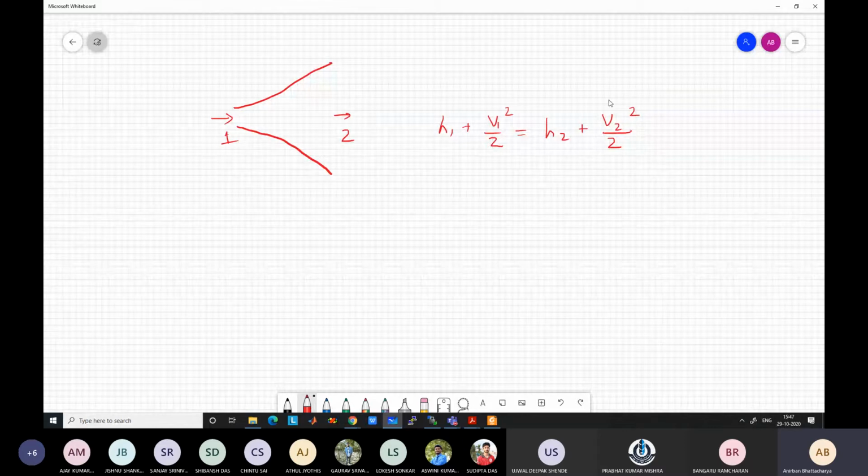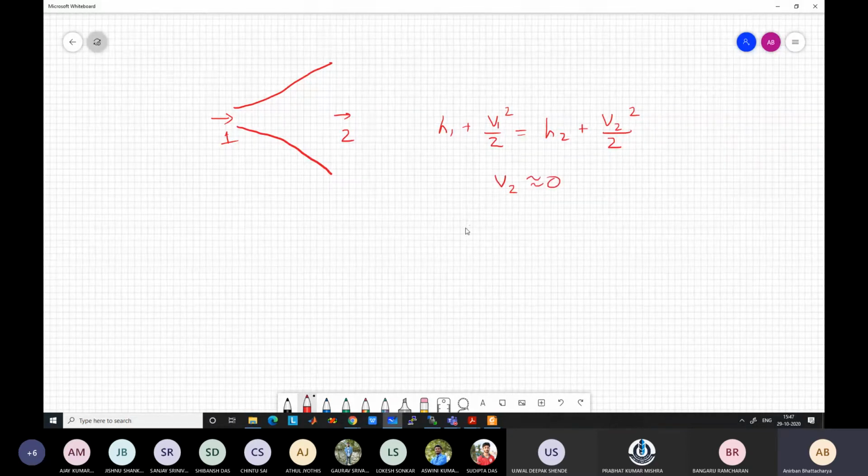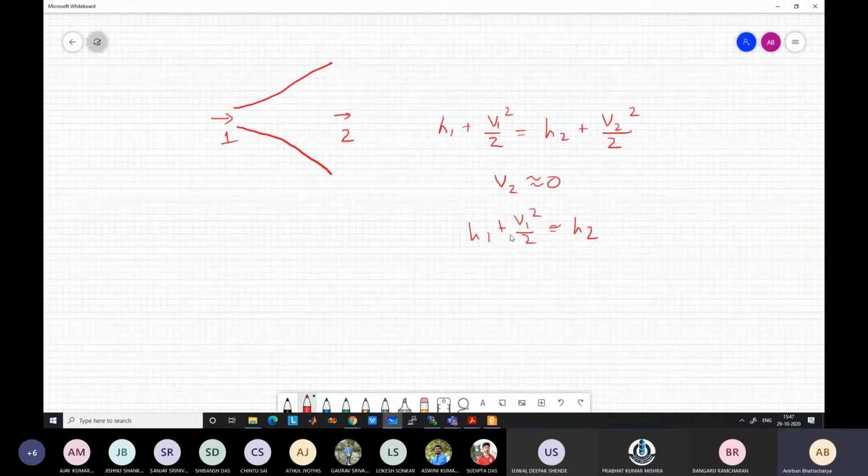So if V2 is almost equal to 0, I am saying that V2 is almost equal to 0, then in this case H1 plus V1 square by 2 is almost equal to H2, the static enthalpy.